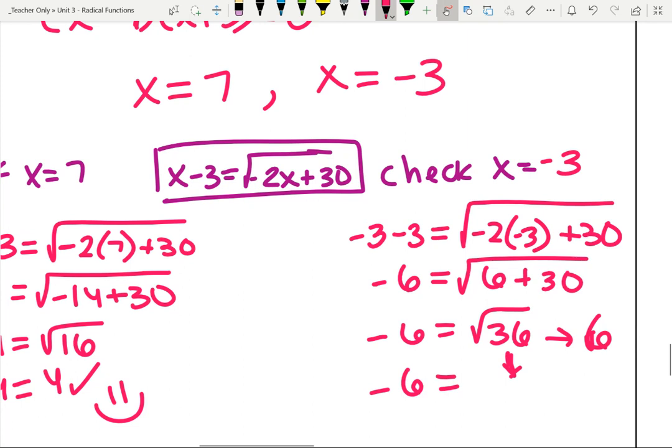And the same thing applies here. We're talking about taking positive square roots. And unfortunately, this is a negative. So we actually can't consider x equals negative 3 a solution. It is an extraneous solution.